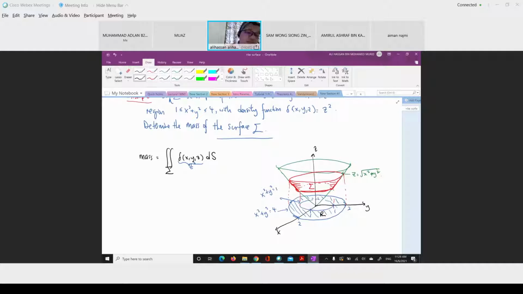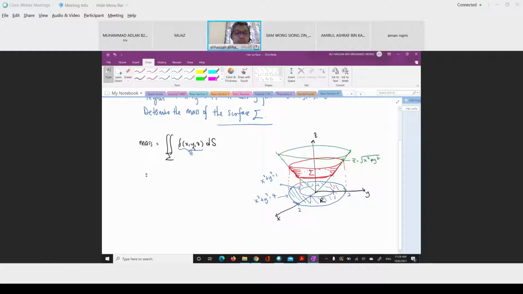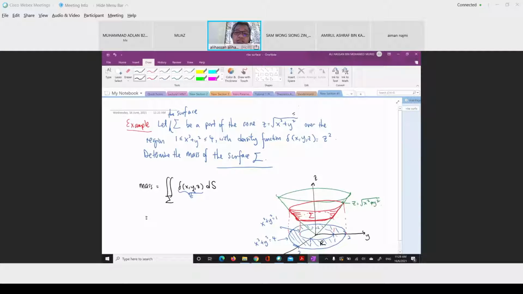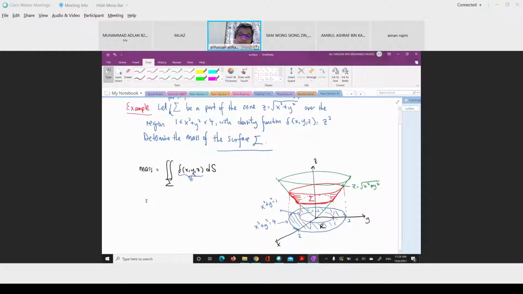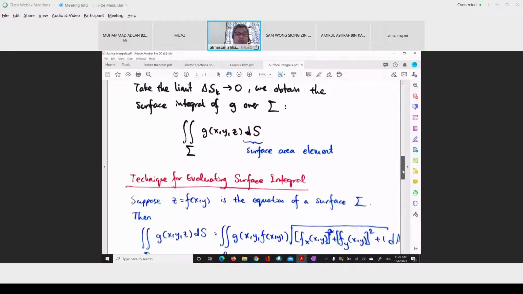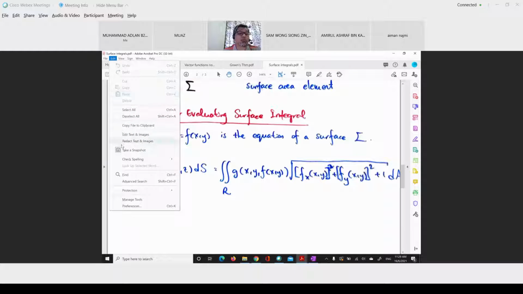So here this is the surface z equal to f(x,y). Remember the formula just now, the technique for evaluation of the surface integral.